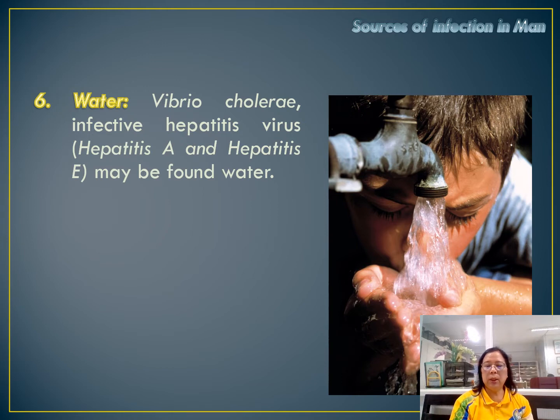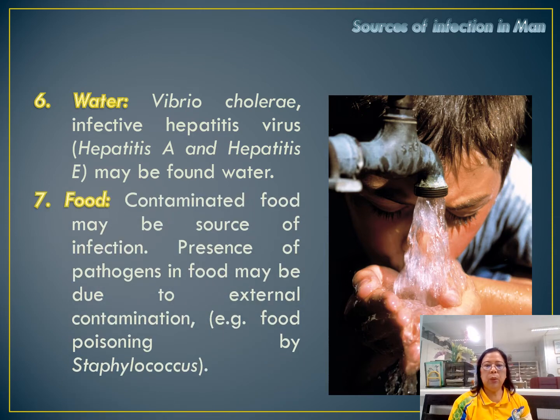Even the microorganism Escherichia coli is also found in water. And then we also have contaminated food. Generally, all food is clean, but because of some movements or some processing that is not hygienic in nature, the foods become infected.